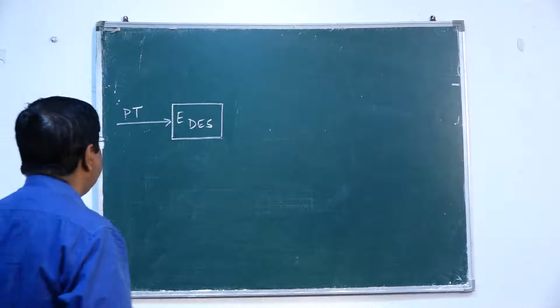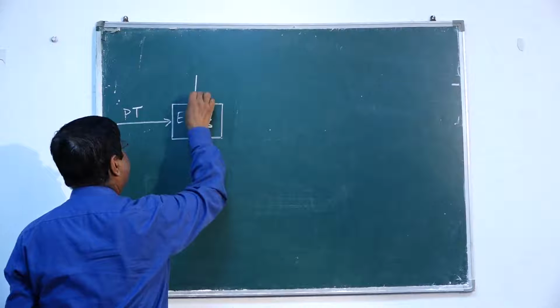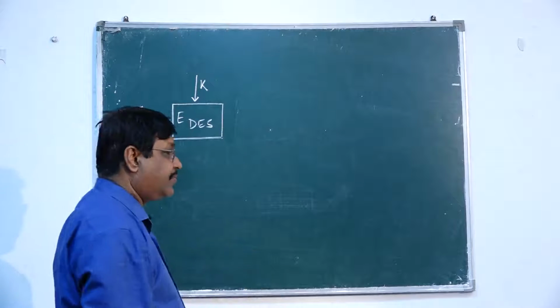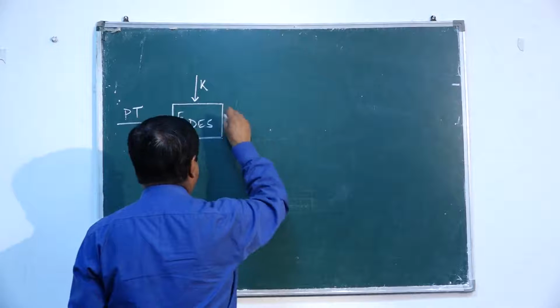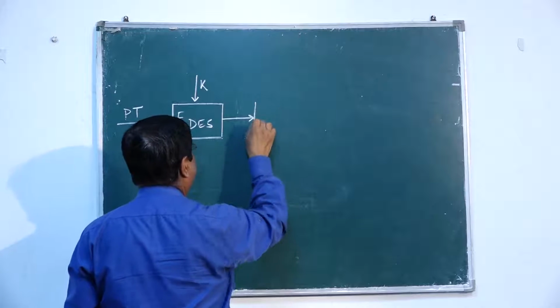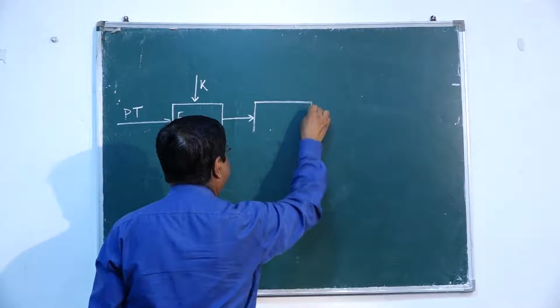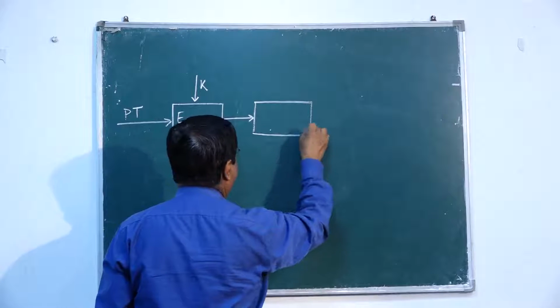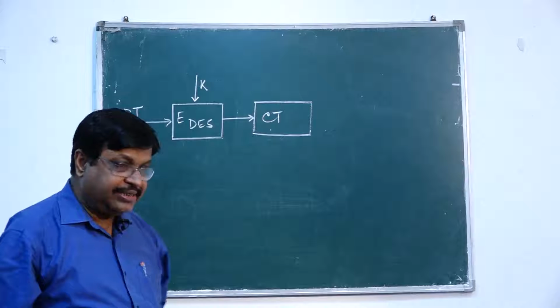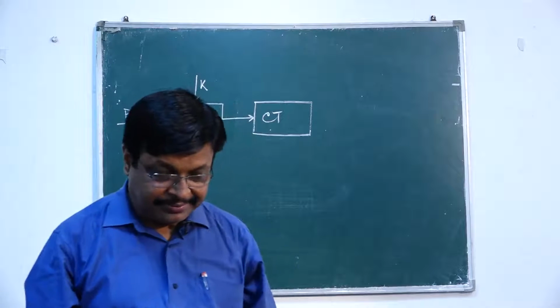Here we use a key K, and after processing we get ciphertext, which is a coded text.